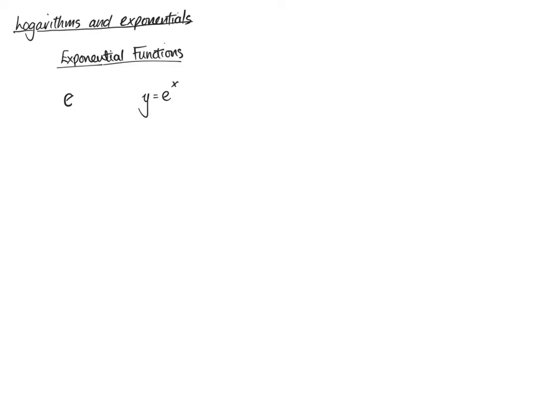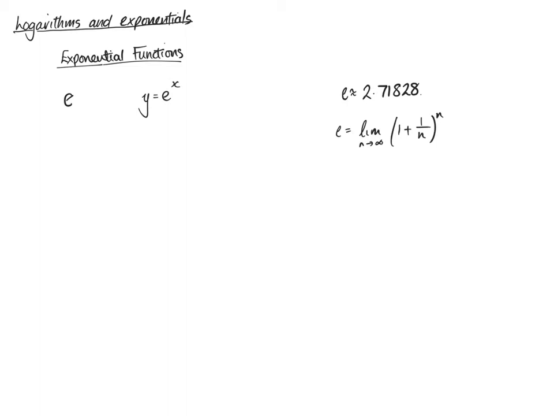It is in fact a transcendental number, same as pi, but all that means is that it can't be expressed as a fraction. e is approximately equal to 2.71828, and you can find e using the limit as n reaches infinity of 1 plus 1 over n all to the power of n, but don't worry too much about that. That's just where that number has come from.